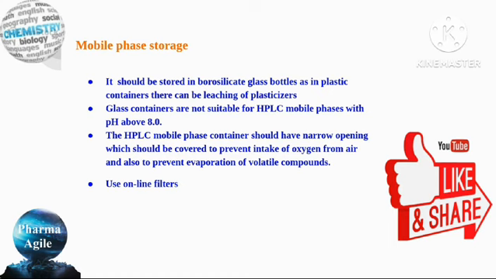If the mobile phase is photosensitive, then we should use amber color bottles. If we don't have amber bottles, then we definitely need to cover the bottles with aluminum foil.